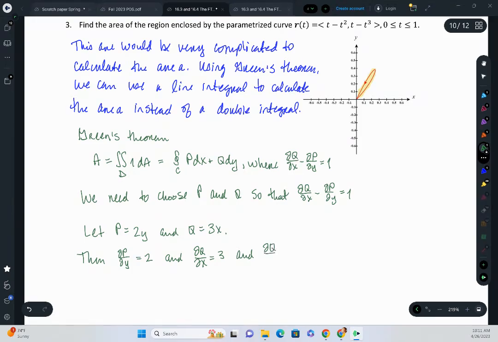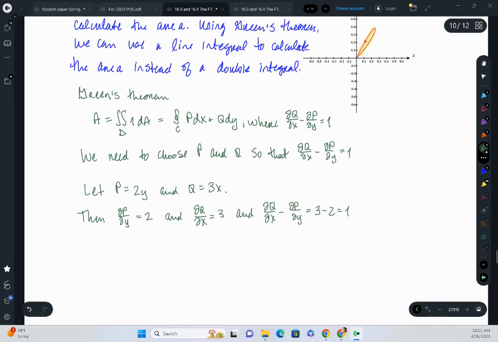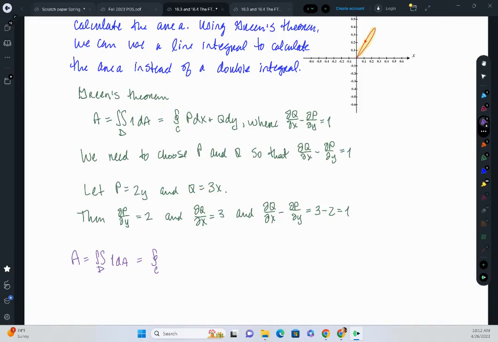And the difference between del q del x and del p del y is equal to 3 minus 2, which is 1. So I have what I need using those two functions, okay? So that means now we can go back to our area formula. Area, which normally we would do the double integral over D of 1 dA, is equal to the line integral over C of p dx, and p is 2y dx, plus q dy, q is 3x, and then a dy.